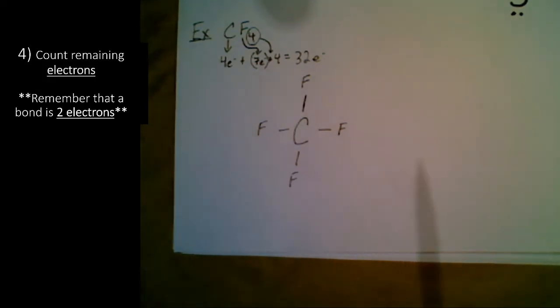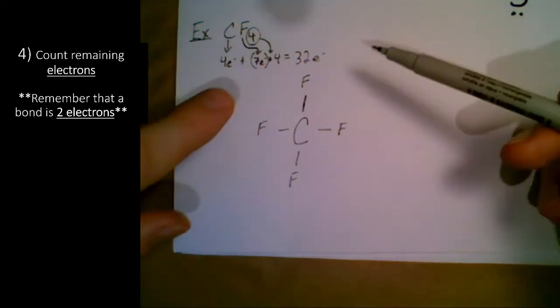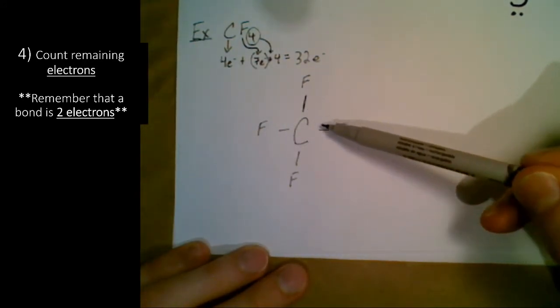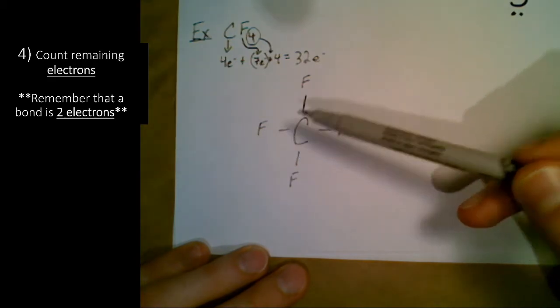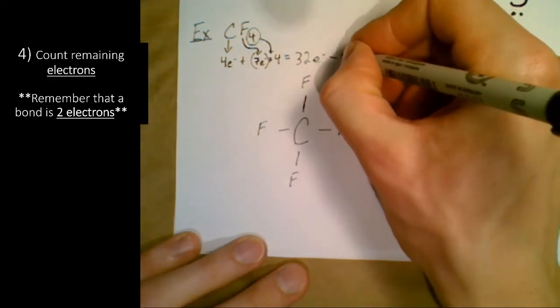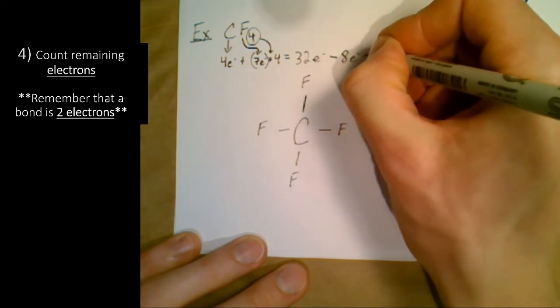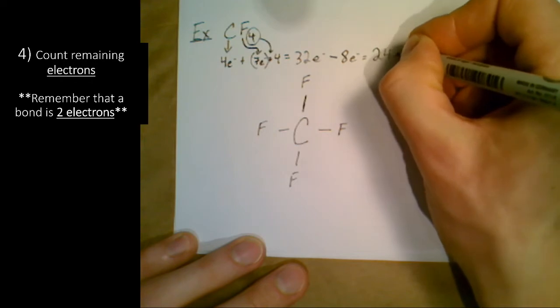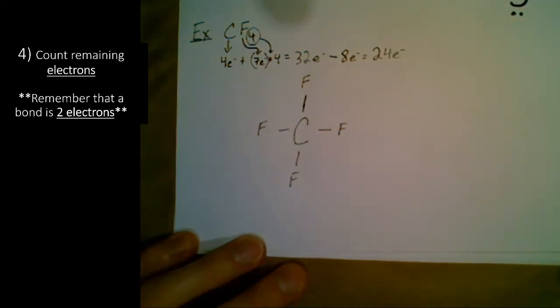And then we should count up how many electrons we used up doing that. Remember, each bond is 2 electrons. So we use 2, 4, 6, 8 electrons, which means we have 24 electrons remaining.